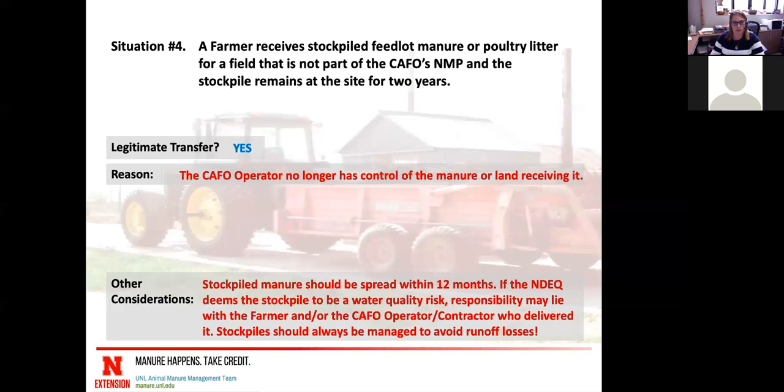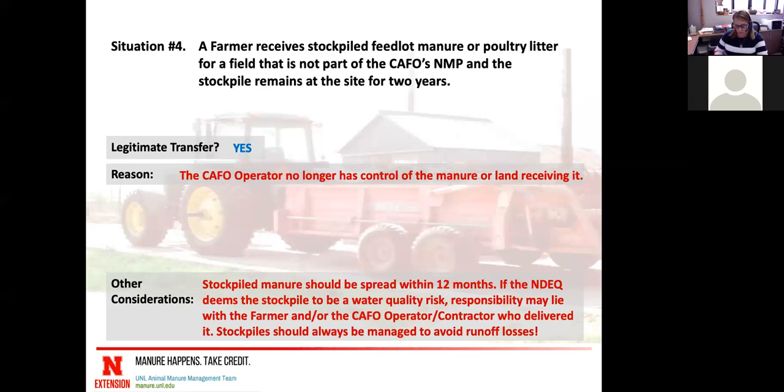So if there needs to be a berm around it to control runoff, or it needs to be placed far away from a tile inlet, waterway, or property lines. Just common sense ways that we need to think about placing that manure on the side of the field.